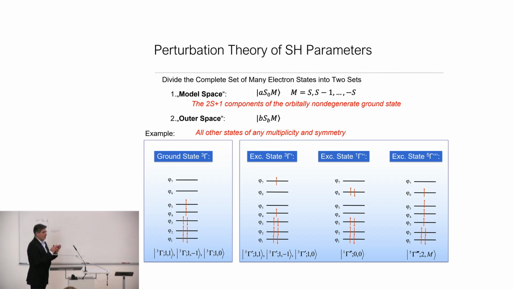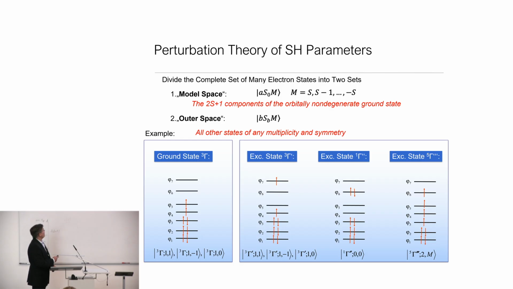And now we divide that total space of an infinite number of electronic states into 2 sets of states. The first space is a model space. That is just like the magnetic sublevels of the electronic ground state, because that is exactly the levels we probe in the EPR experiment, and that is the number of levels that is equivalent to those in the spin Hamiltonian.